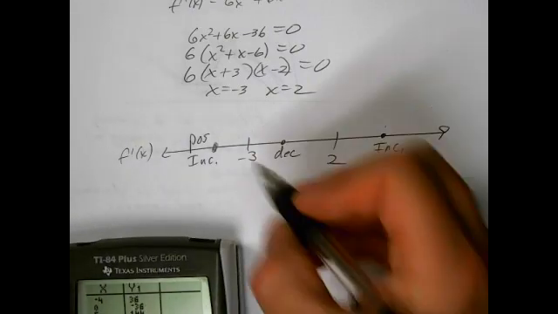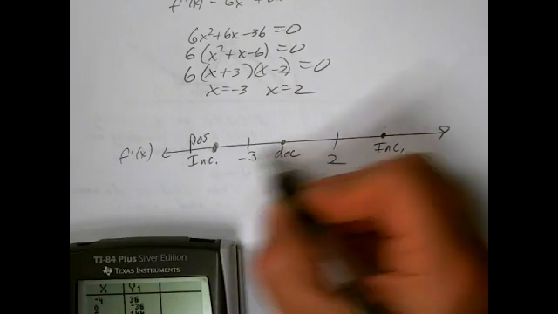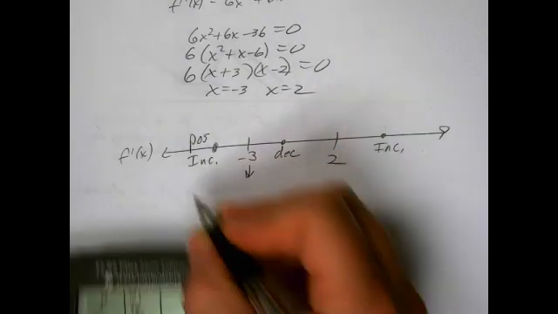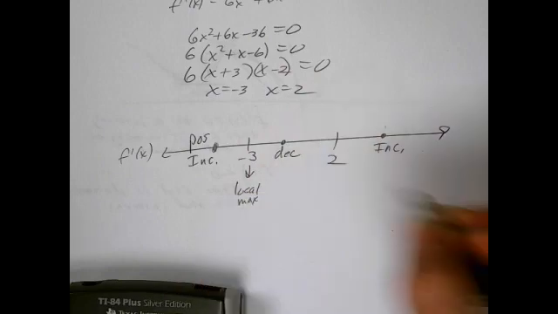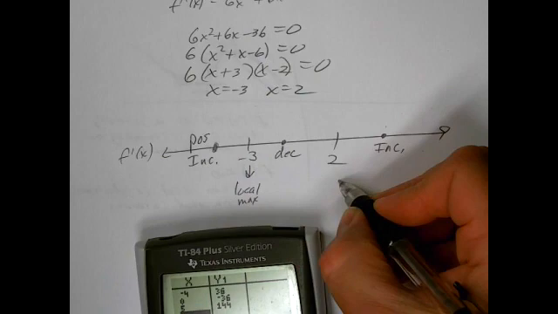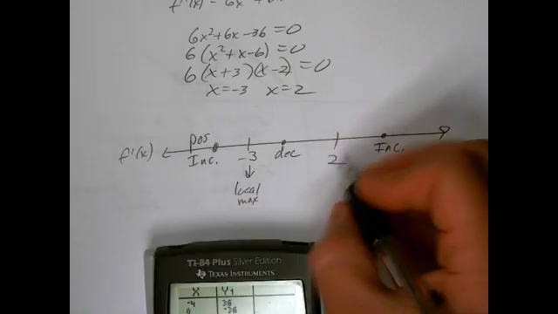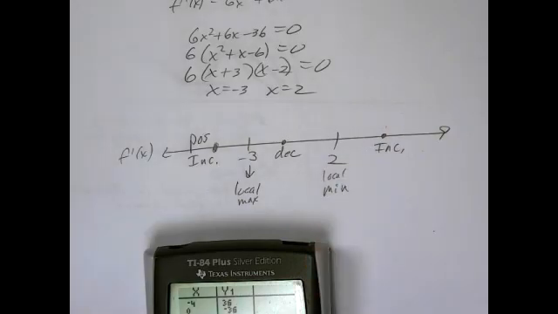So this function literally went from increasing to decreasing at -3. That makes -3 a local max. Here it went from decreasing to increasing. That makes 2 a local minimum.